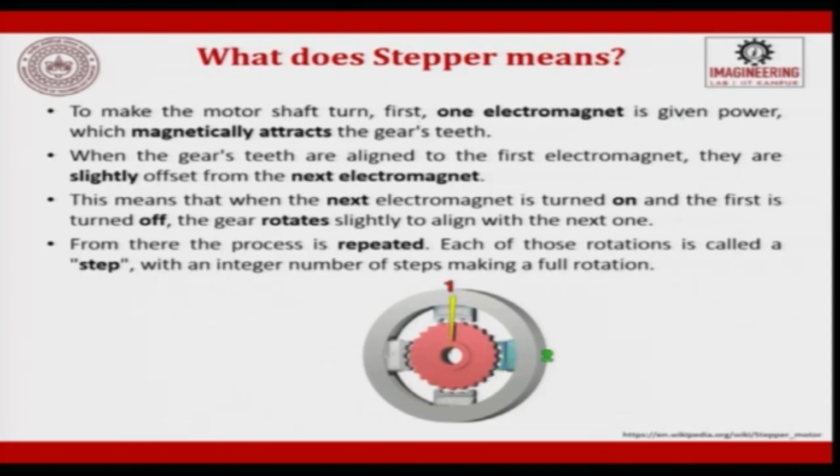When the gear teeth are aligned to the first electromagnet, they are slightly offset from the next electromagnet. So, slightly offset. This means that when the next electromagnet is turned on and the first is turned off, the gear rotates by a small angle.